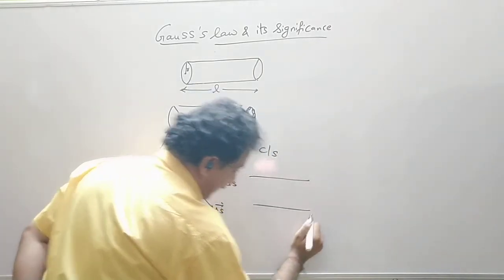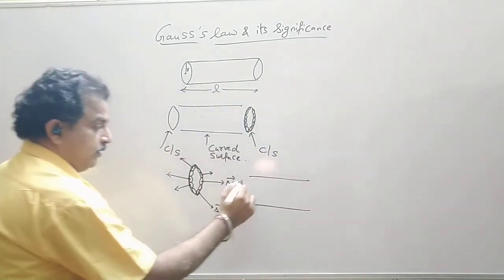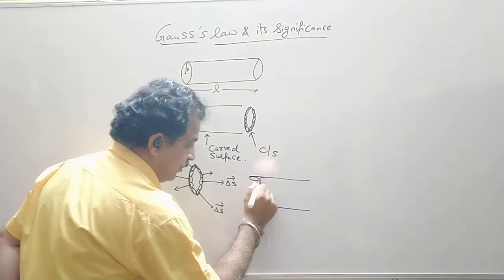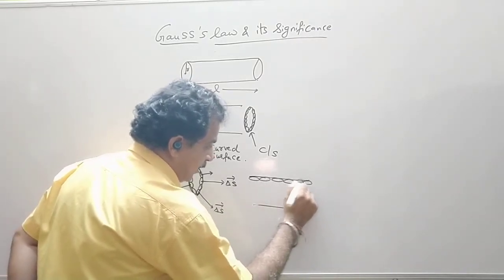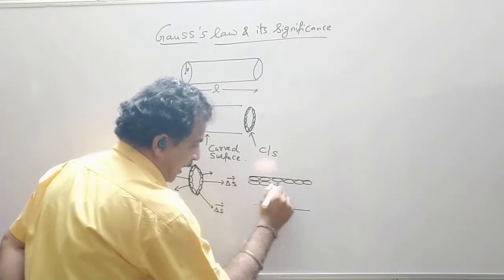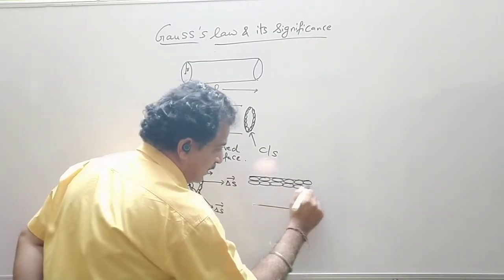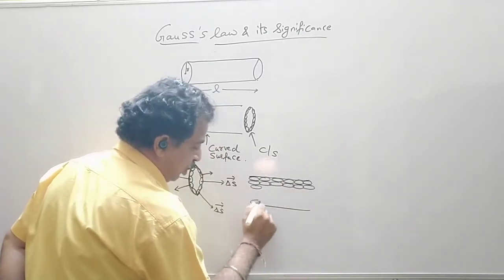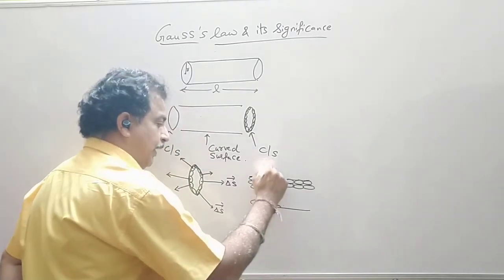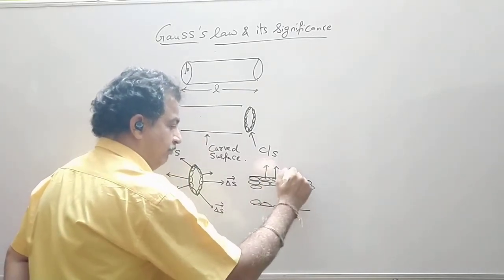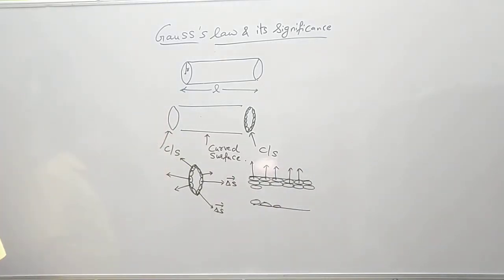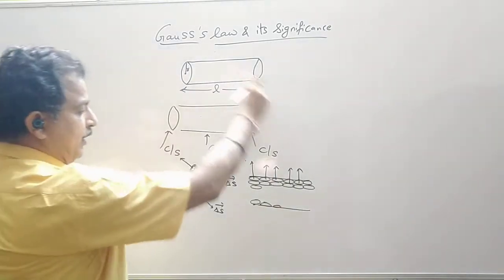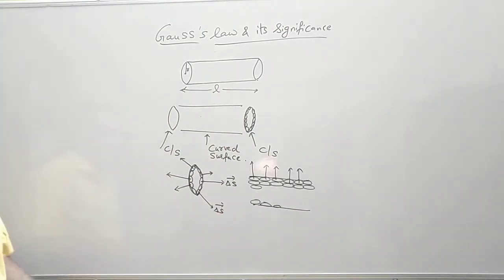The curved surface elements are made like this. So this is how the entire curved surface is divided into small elements. Each area vector will be normal to this curved surface. So the cylinder is divided into three parts.